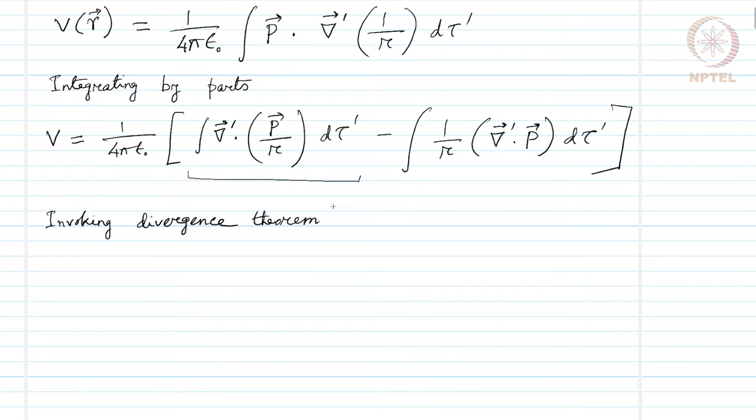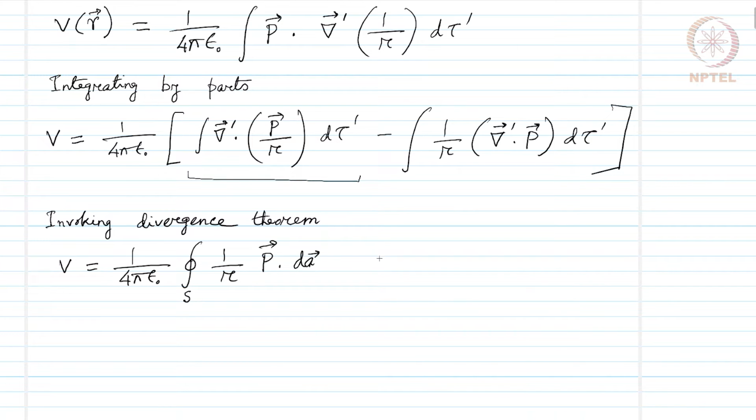We can write then the potential as 1 over 4 pi epsilon naught, closed integration over the surface bounding this volume, the surface enclosing this polarization distribution, 1 over curly r, P dot dA.